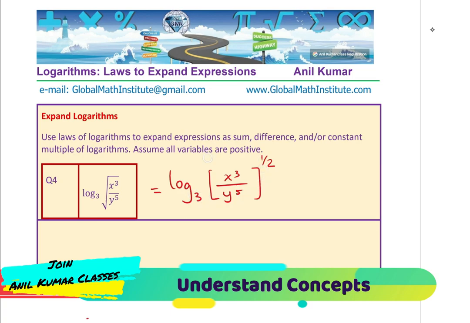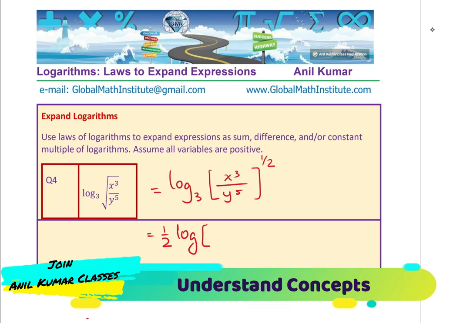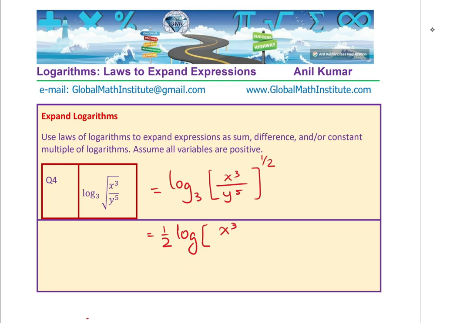See, now I think it is very clear. So you will write this as half times, right? Half times log of all this. You get the idea. x cubed over y to the power of 5. And then half is outside. You see that? Half is outside, and inside we get log x cubed minus log of y to the power of 5. Right?